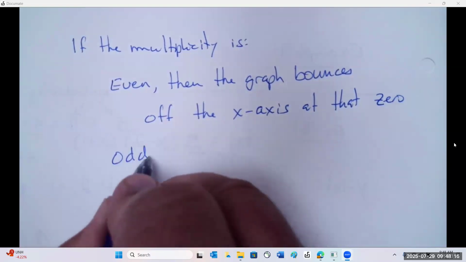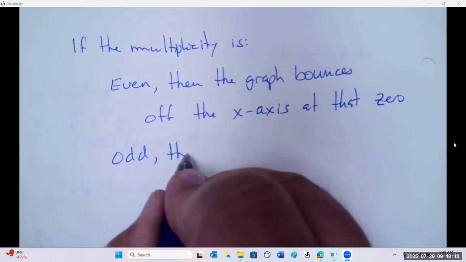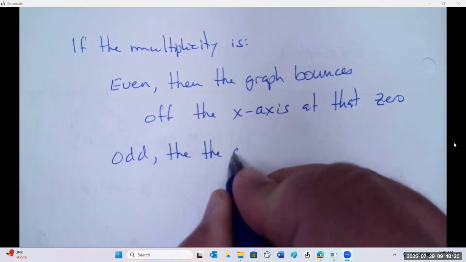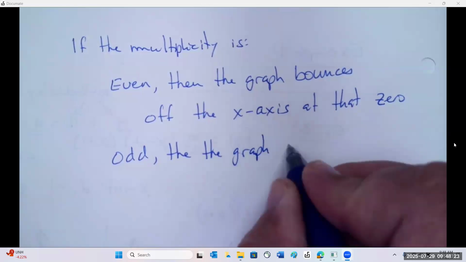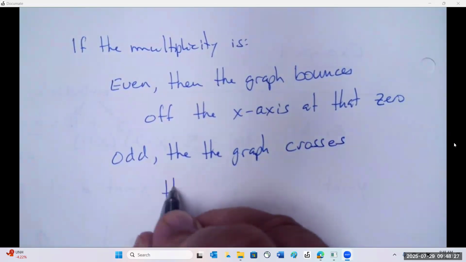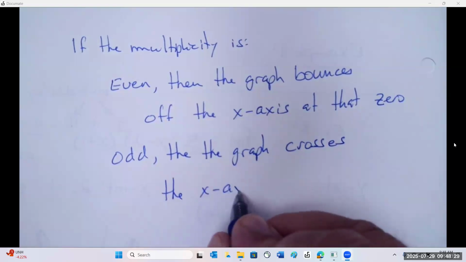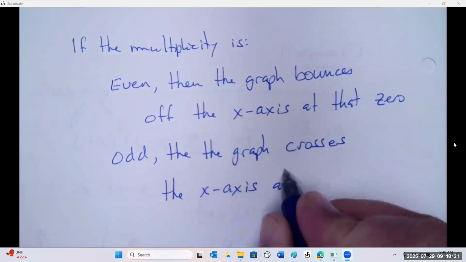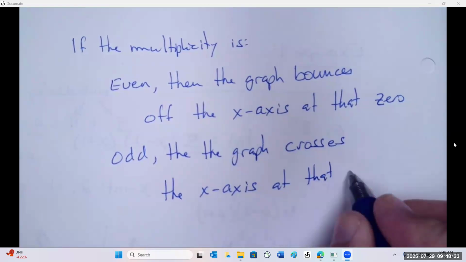If it's odd, then the graph crosses the x-axis at that zero.